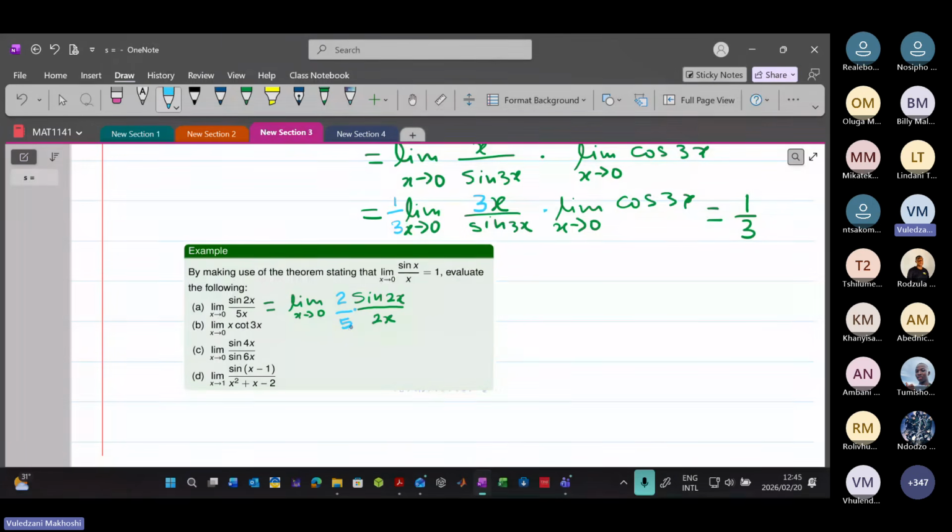And now 2/5 is a constant, multiplied by the limit of sine 2x over 2x, x is approaching 0. Now, because this is 0/0, the limit here is 1, according to our theorem. Therefore, we conclude that the answer is 2/5.